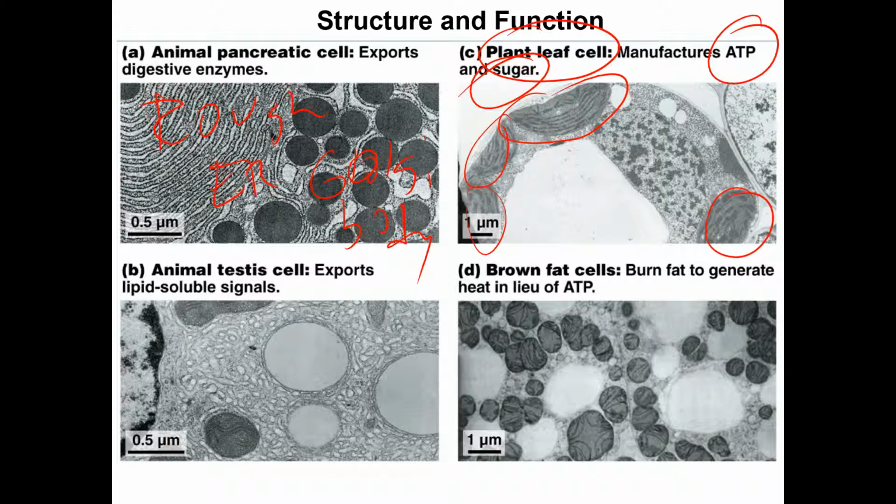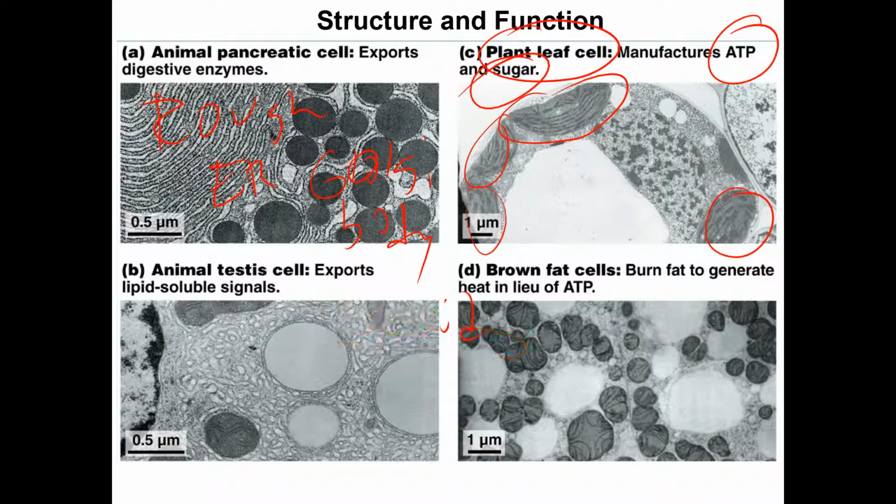Now, animal testes. Animal testes are involved in exporting lipid-soluble signals, things like, for instance, the hormone testosterone. So testosterone is a lipid. You know that it is a steroid. And it's basically going to be exported from the testes.